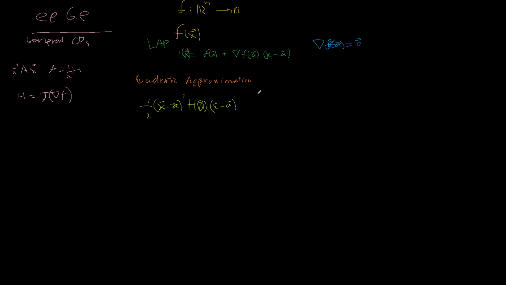So we end up with this quadratic approximation, which is equal to f at a, plus the gradient of f at a times x minus a, plus 1 over 2 times x minus a transpose times the Hessian at a times x minus a. This is the quadratic approximation.